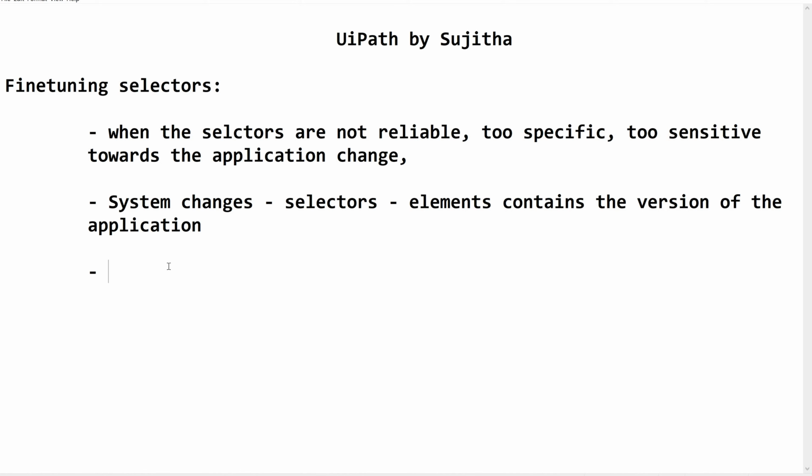So in such scenarios also, to make sure that our automation project or workflow file works for all kinds of position changes in the application, we need to fine tune the selectors.